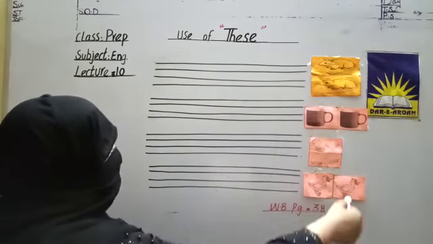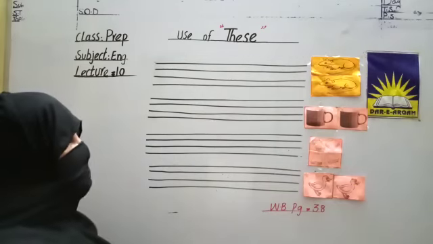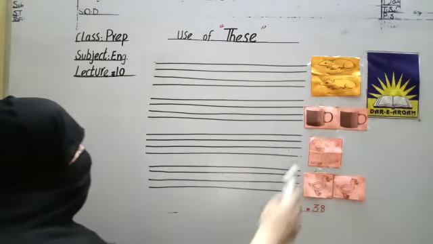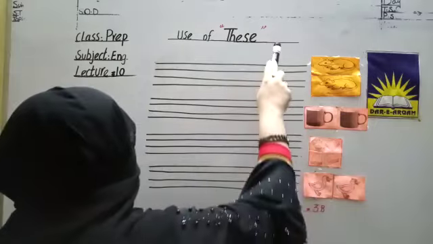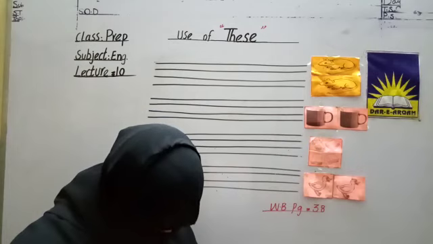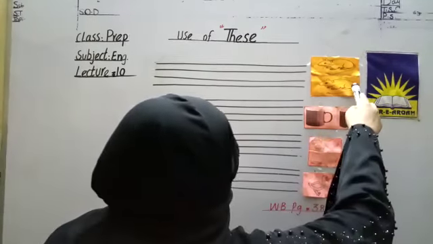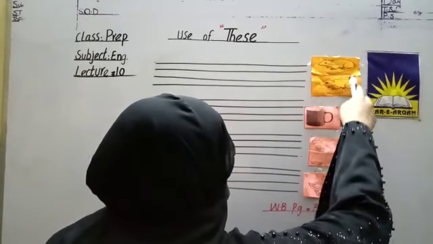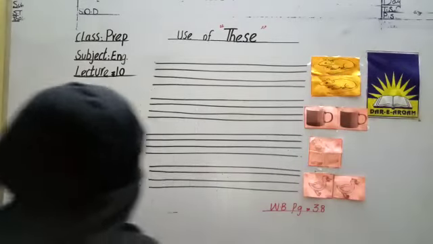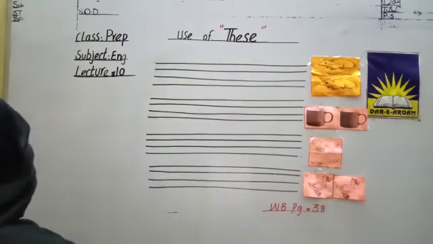Look here, there are many pigs and we make sentences by using these. Are you ready, students? Okay, good. First, rats. And how many rats? 1, 2. 2 rats. So we make a sentence by using these.